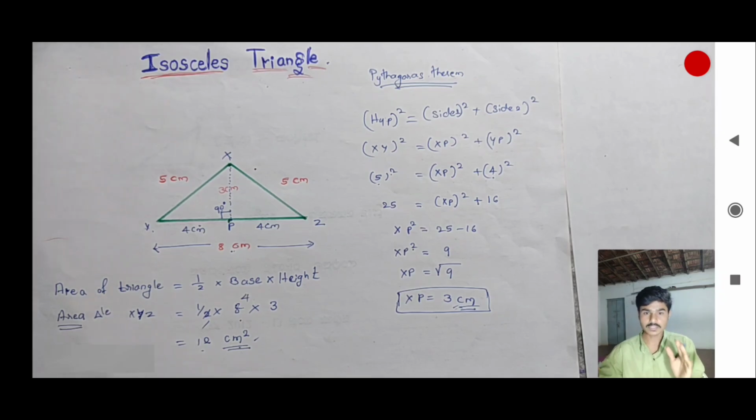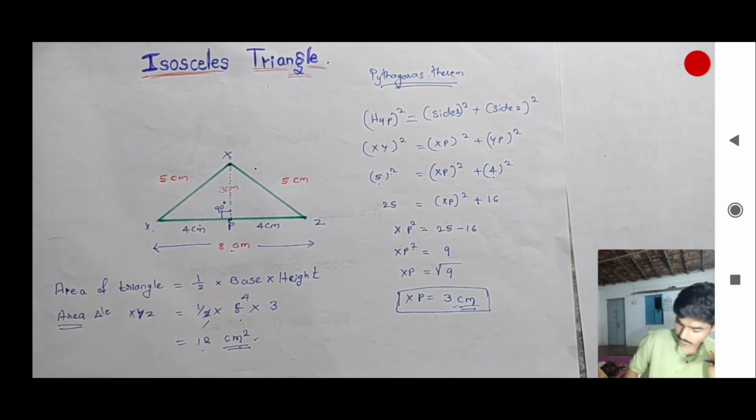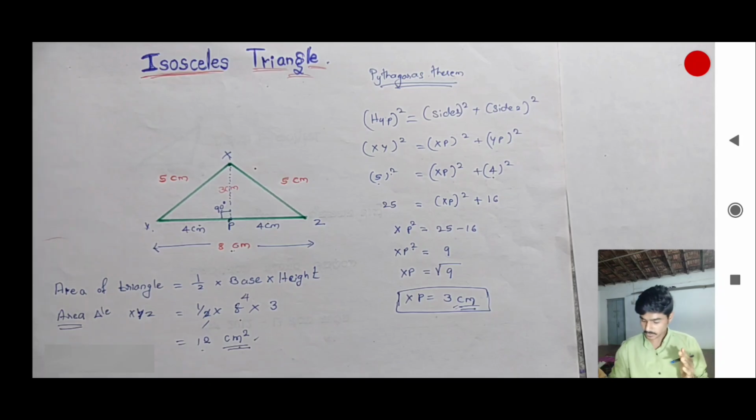If you observe keenly here, in order to find area by using the basic formula, half into base into height, we need the value of height. So in order to find height, we took the help of Pythagoras theorem.